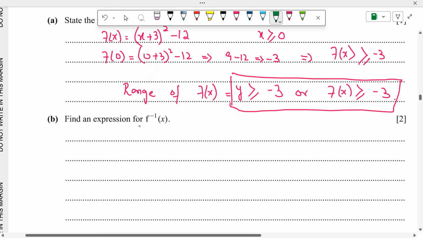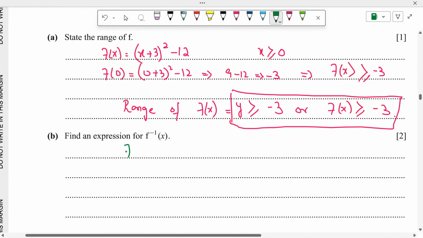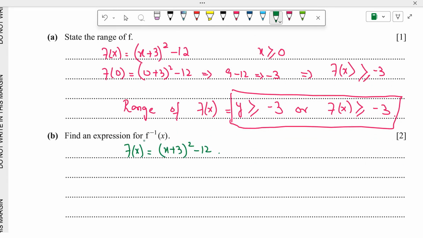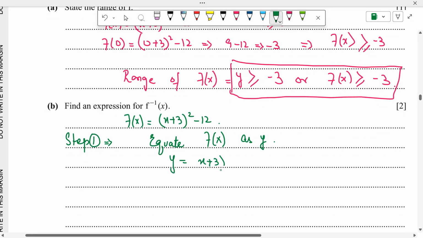Part B, find the expression for f inverse of x. We know that f of x is (x plus 3) whole squared minus 12. To find the inverse of f of x, we apply step 1: equate f of x as y, so y is equal to (x plus 3) whole squared minus 12.